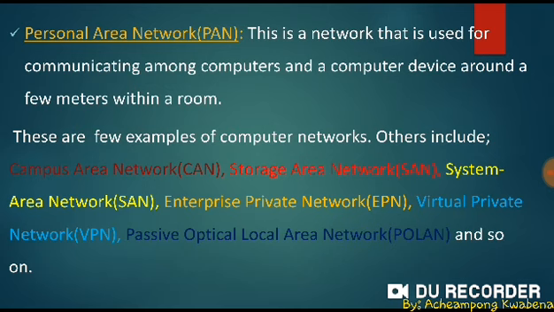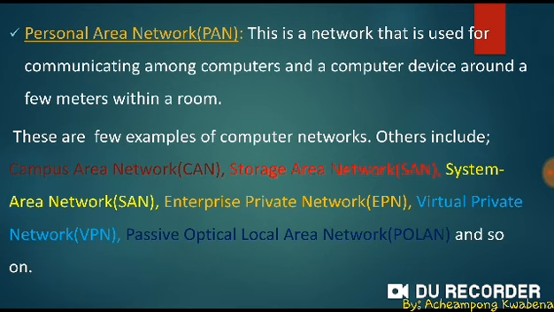So if you are able to connect these devices within that limited area or within that room, we will term that network as a personal area network. And this can be done either by using a cable or a wireless technology, that's the Bluetooth, Wi-Fi, and so on. So these are just some few examples of types of computer networks.